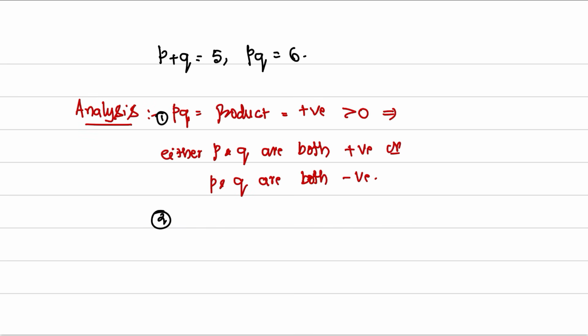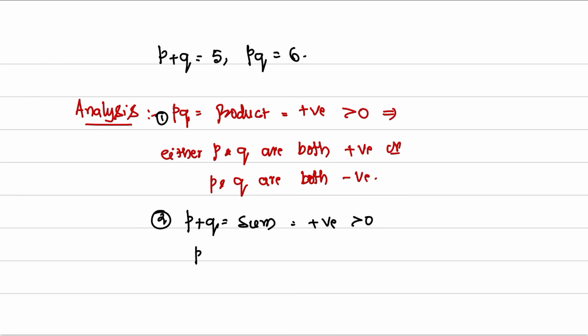Second, P plus Q is equal to sum. That is equal to positive, that is greater than 0 because it is plus 5. It is plus 6 product. Then P plus Q cannot be negative. Both cannot be negative.